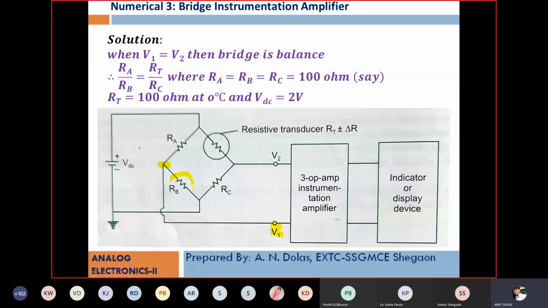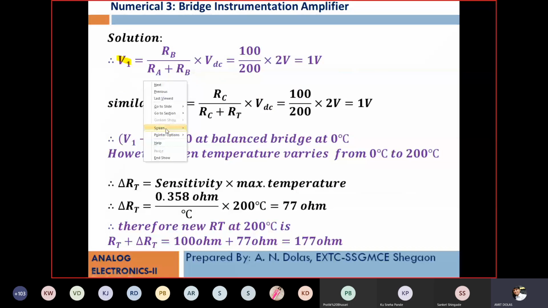Therefore, using the voltage divider rule, RB upon RA plus RB into VDC will be equal to V1. That is 100 by 200 multiplied by 2, which is 1. So V1 is 1.